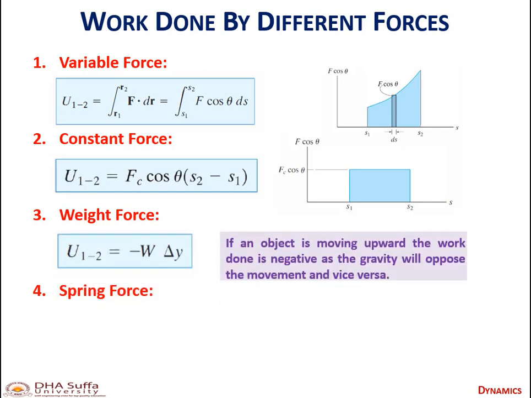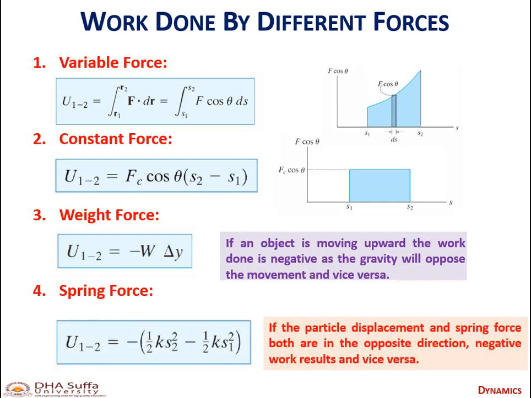Thirdly, we discussed that if an object is moving upward, the work done by gravity is negative as gravity will oppose the movement, and vice versa. The work done on a particle by gravity is nothing but the product of delta y times w. Delta y could be delta z or delta x depending upon where you have your axis placed, so that's not a problem.